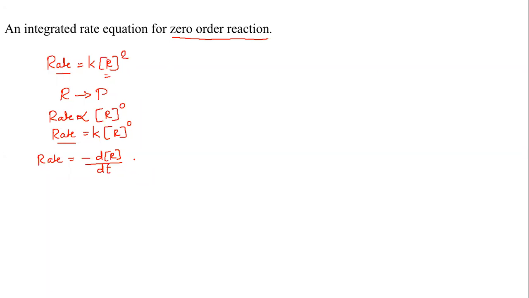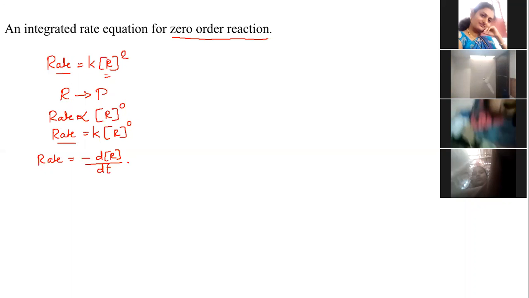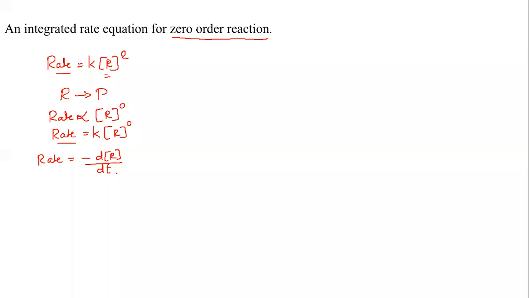Average rate has a big gap, the time interval will be more, whereas instantaneous rate is a short instant of time. So dR by dt.